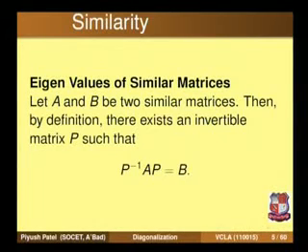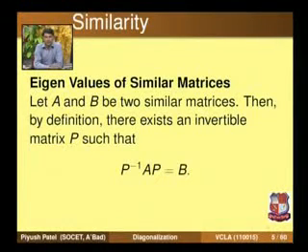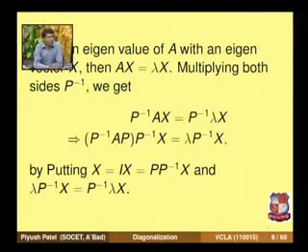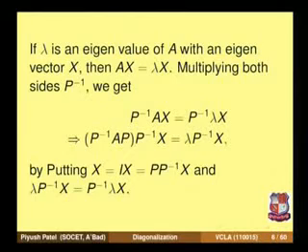Let us see here, A and B are two matrices. By definition there exists an invertible matrix P such that P inverse AP is equal to B. That is, A and B are similar matrices via invertible matrix P. Suppose lambda is an eigenvalue of A with an eigenvector x, then by definition we have Ax equal to lambda x. Here x is a non-zero vector because it is an eigenvector.